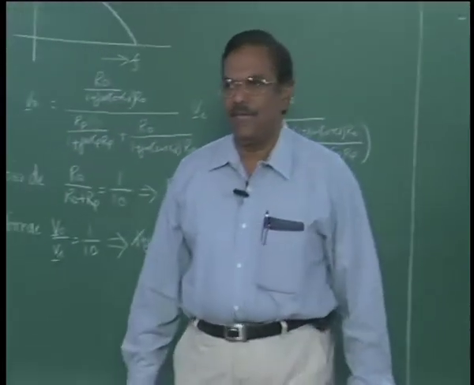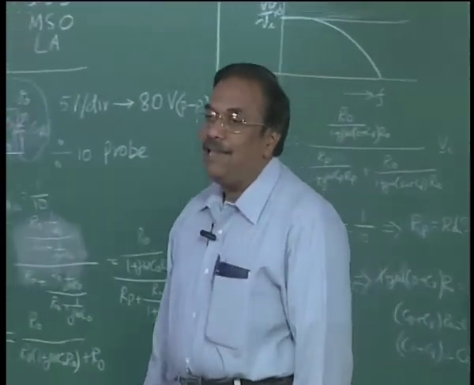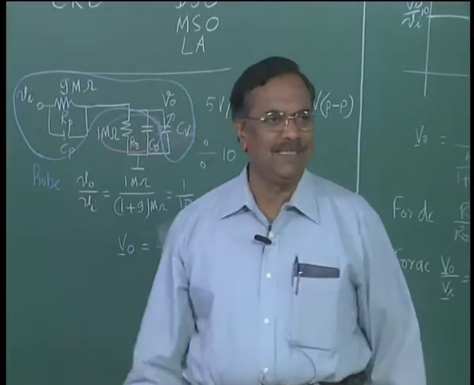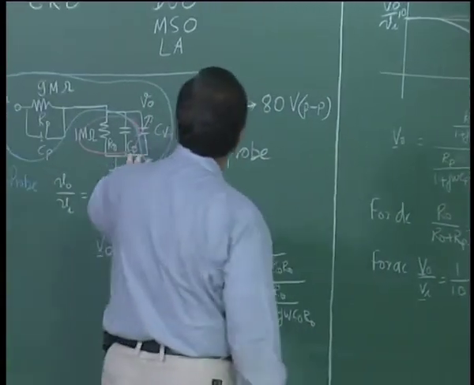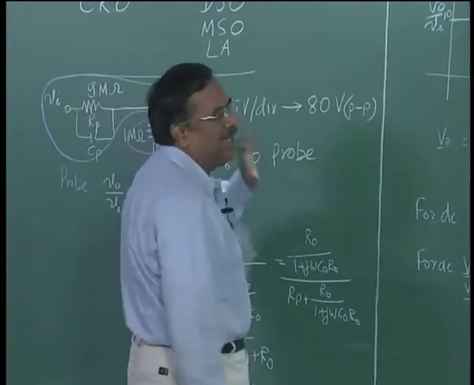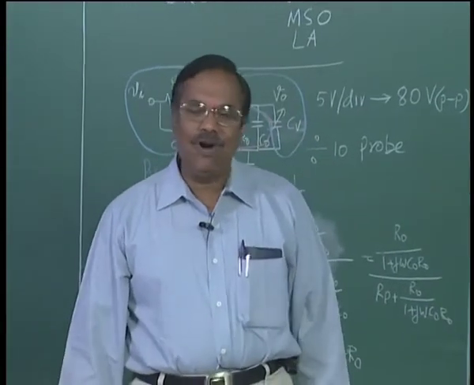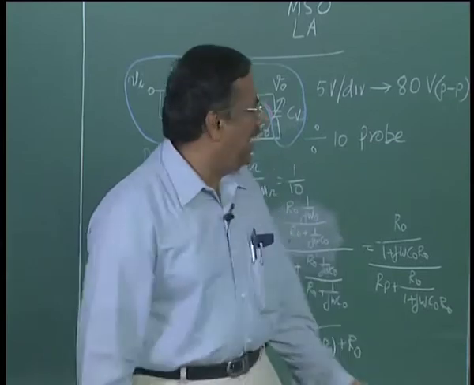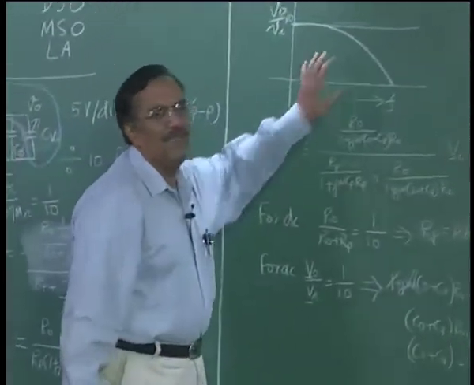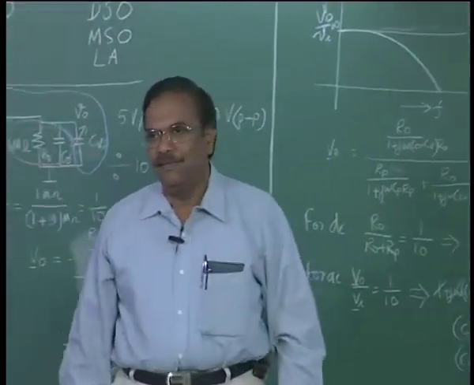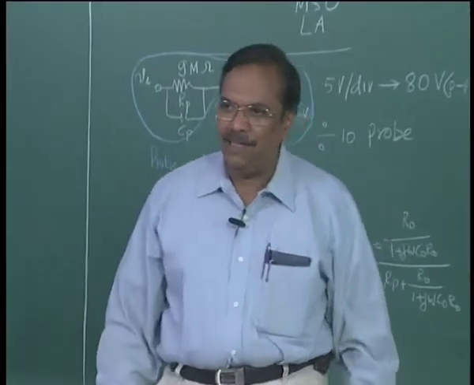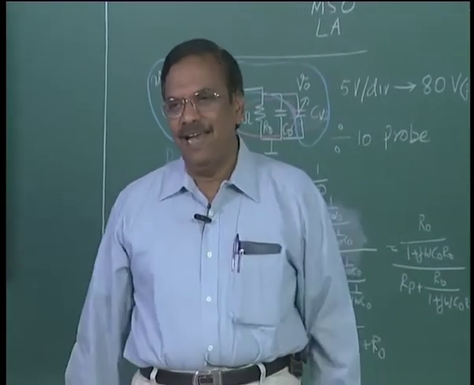right. Now, assume that the high frequencies are attenuated. I have not matched this, and C naught plus C V is more than 9 times C P, right. Then what will happen? My probe would start behaving like a low pass filter, right, and my high frequencies are attenuated.